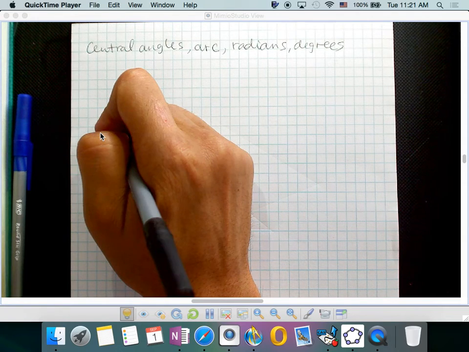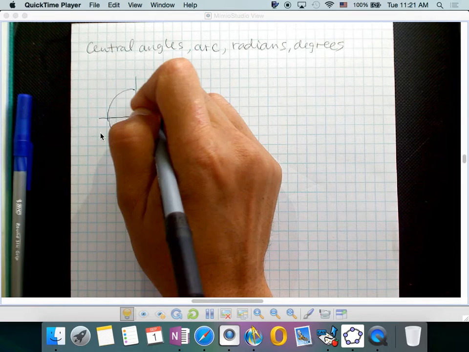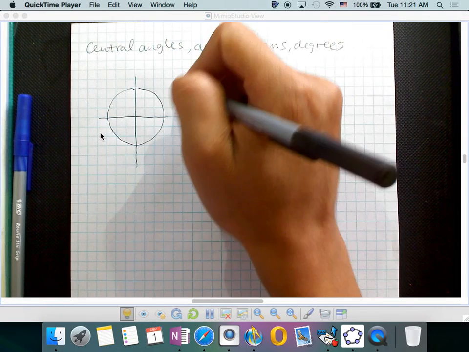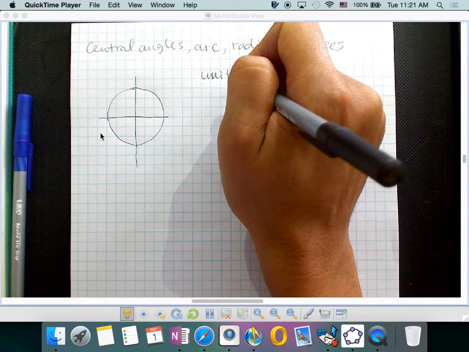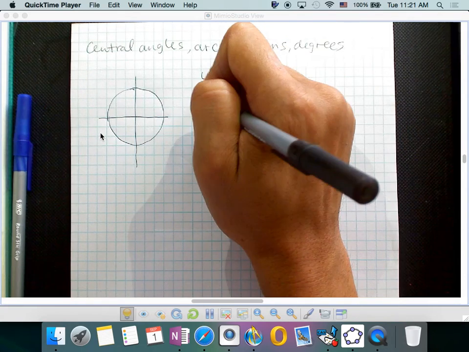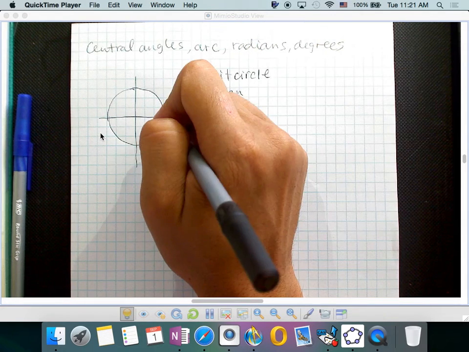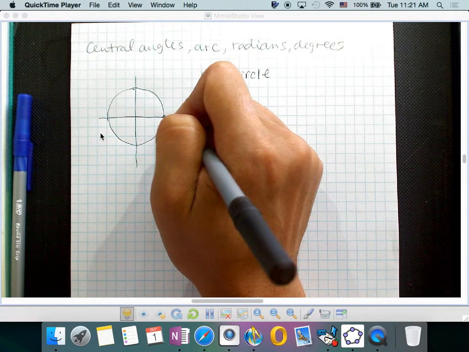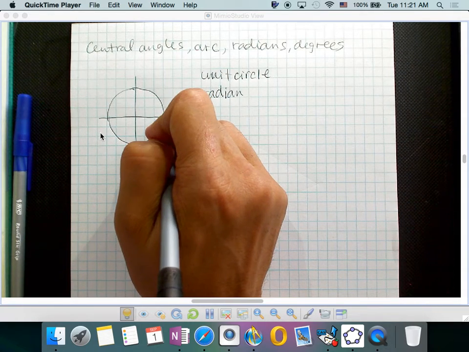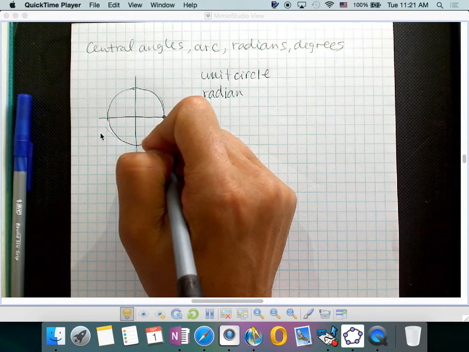So let's say this is the unit circle. And radian is the length from the starting point of this unit circle, which is (1, 0). So let's say we are traveling counterclockwise along the edge of this circle.